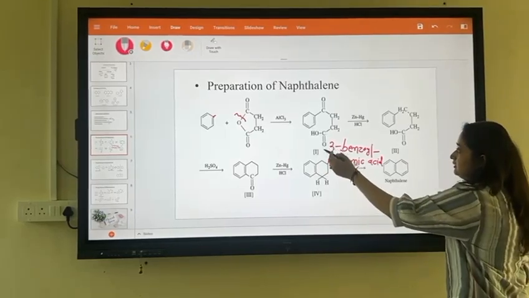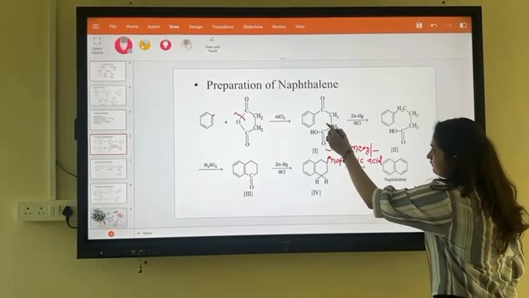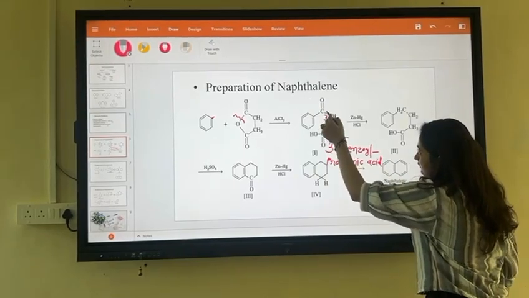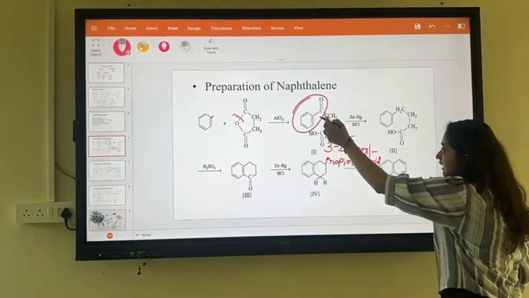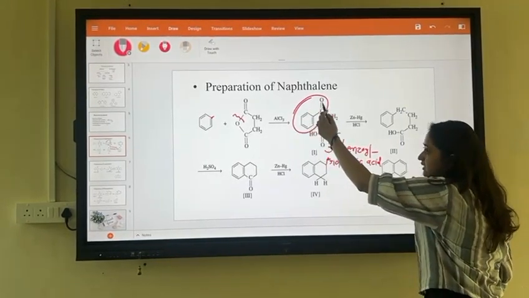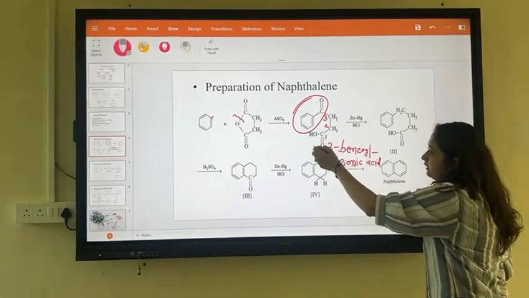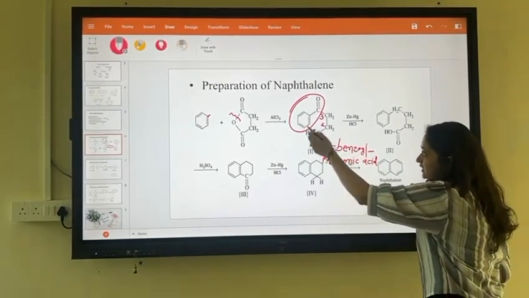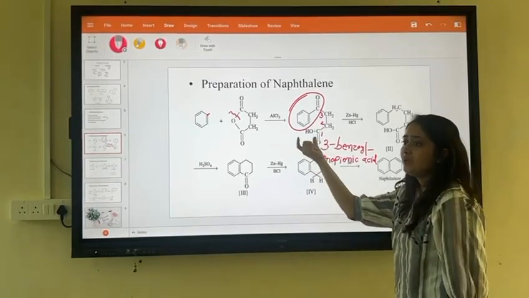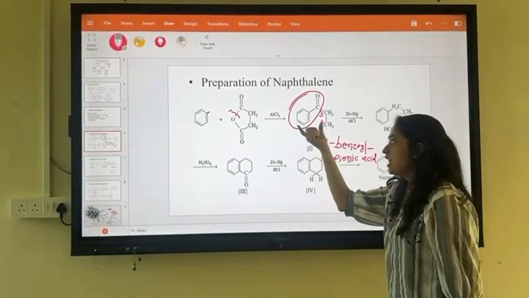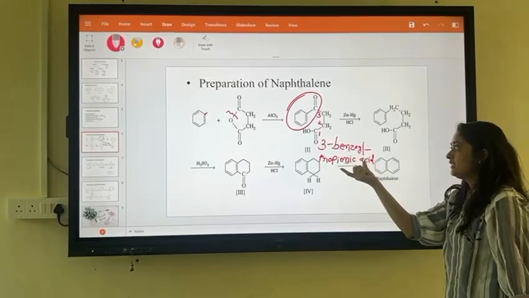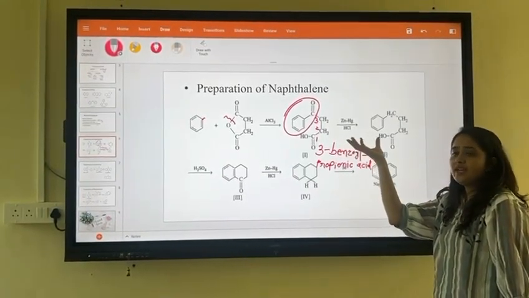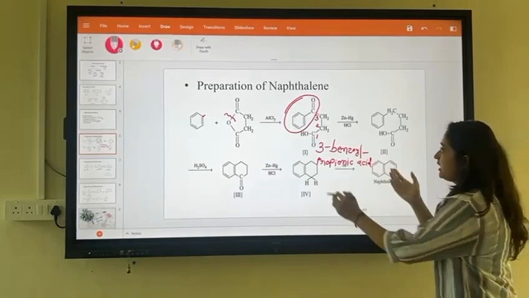The intermediate is named by numbering 1, 2, 3 carbons, and the whole structure is known as benzoyl. That is why the name of the first intermediate is 3-benzoyl propionic acid, which is the benzoyl derivative of propionic acid. Now 3-benzoyl propionic acid is reacted with zinc amalgam and HCl. This step is known as the Clemmensen reduction step.